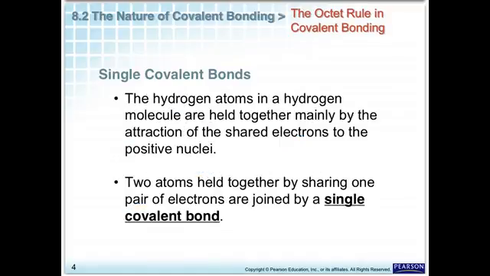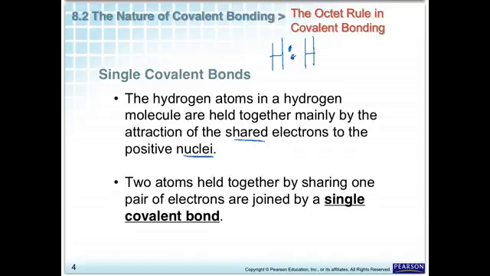When we're talking about hydrogen, again, if I have two hydrogen atoms, each with one valence electron coming together, now they're sharing this pair of valence electrons, and they're held together by the shared electrons being attracted to the nucleus.